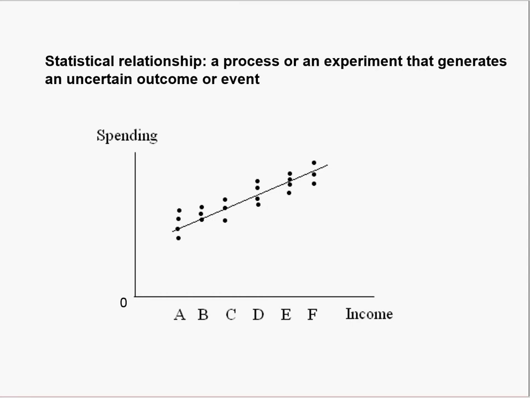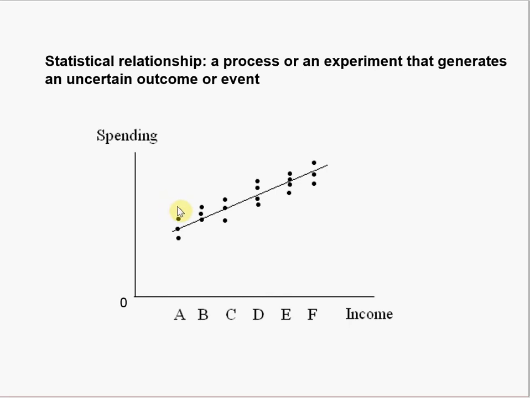For example, we have these two variables. On the horizontal axis, we have the income level. On the vertical axis, we have the spending level. For a certain income level A, the level of spending from people who earn the same level of income A varies.